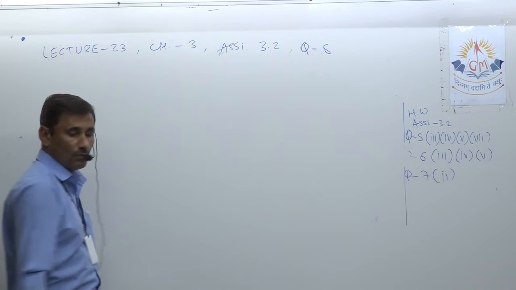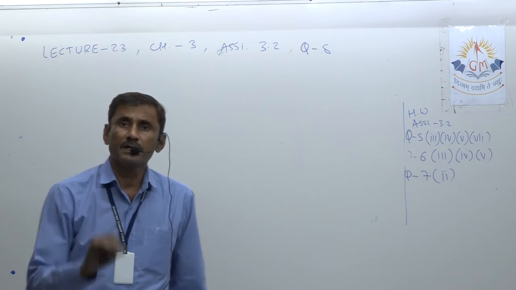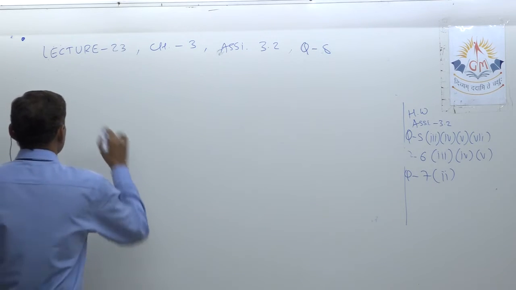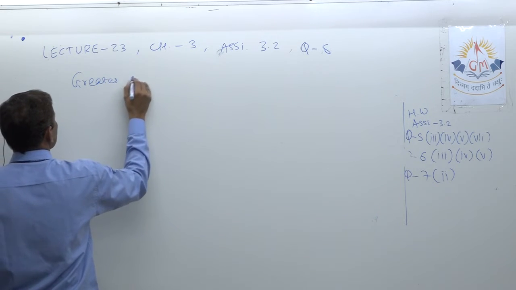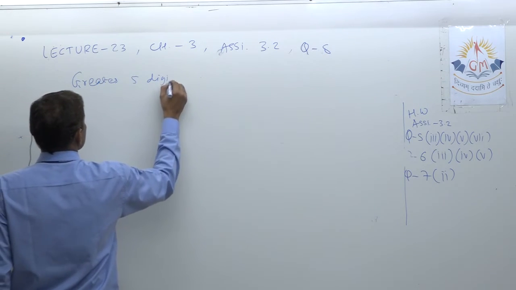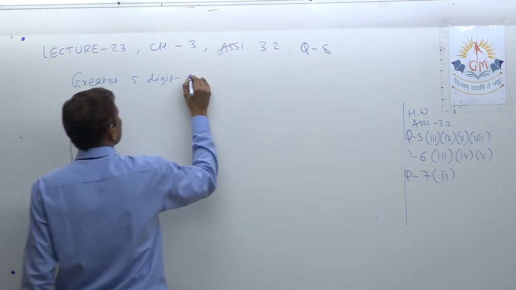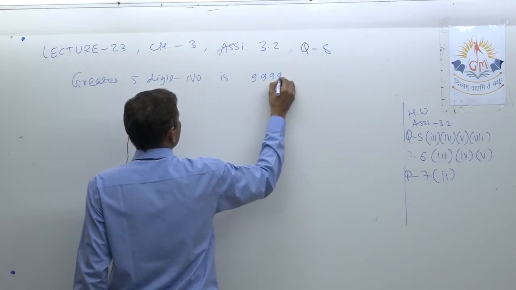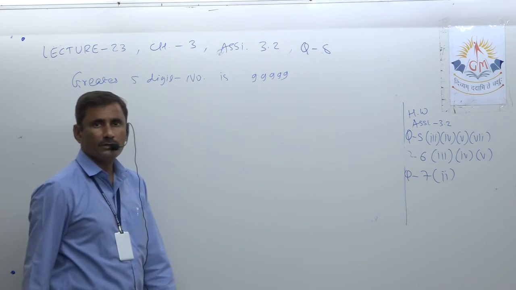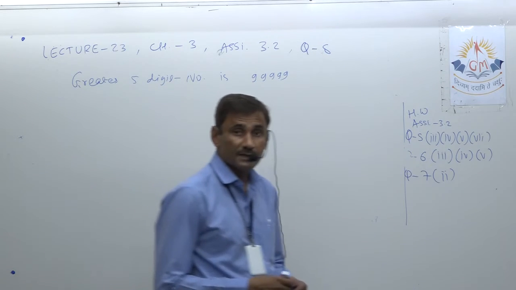But first of all, only the 5-digit number which is greatest. So write down, the greatest 5-digit number is 99999. Even if you add 1, it will become a 6-digit number.